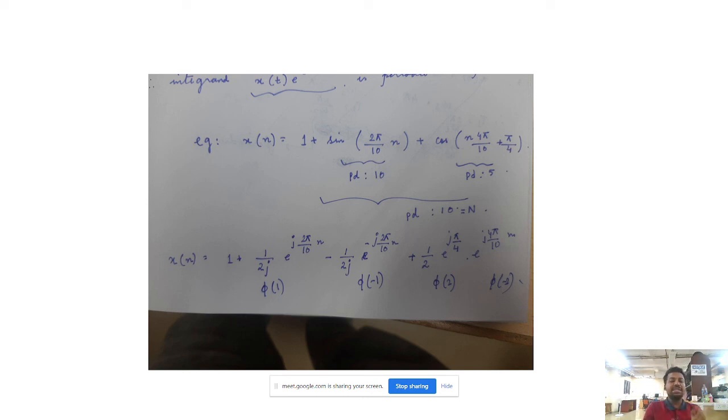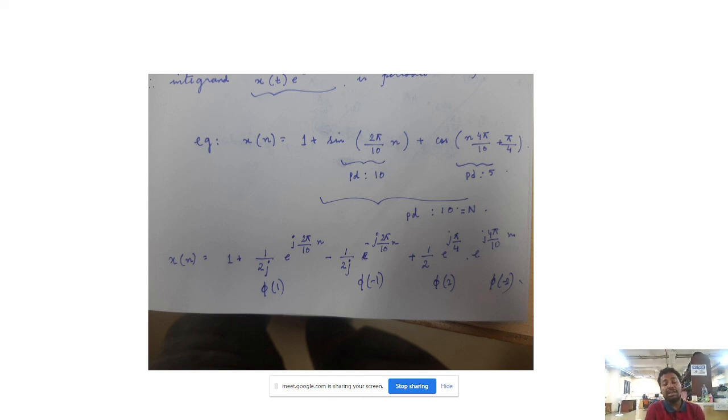So sine theta has been written in this exponential form. Similarly, we can write the cosine term as 1 by 2 e to the power of j pi by 4 into e to the power of j 4 pi by 10 into n, plus 1 by 2 e to the power of minus j pi by 4 into e to the power of minus j 4 pi by 10 into n. So this can be written in this manner.